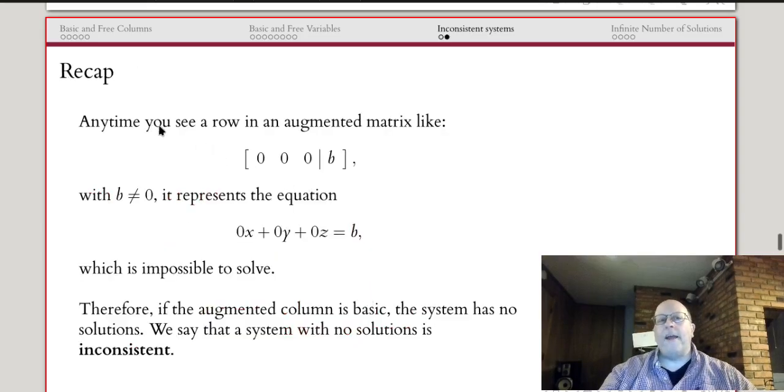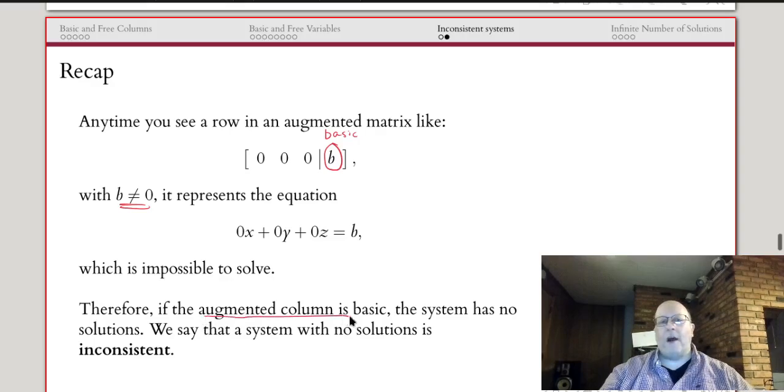So anytime we see a row in an augmented matrix that looks like zeros on the left side and any non-zero value on the right side, so that it represents an equation that looks like 0x, 0y, 0z equals b, that's impossible to solve. But this says that a leading entry is in the augmented column, and that makes the augmented column basic and not free.